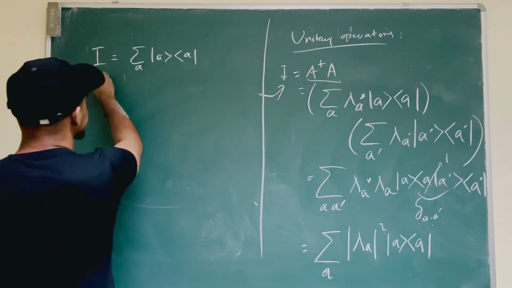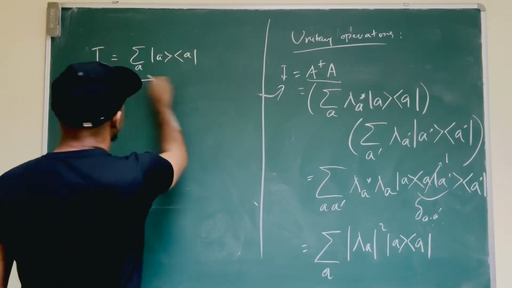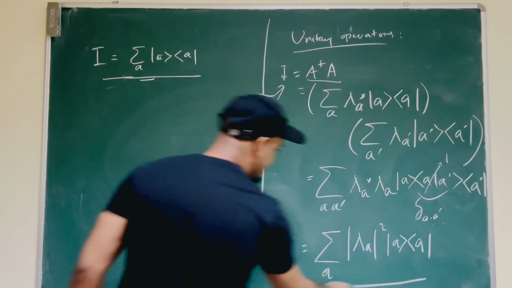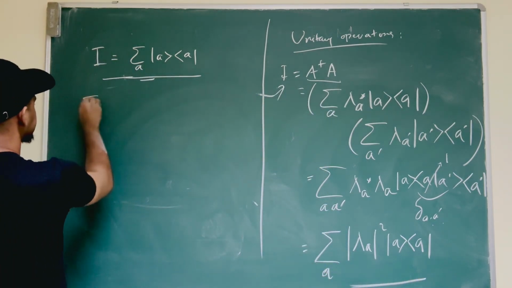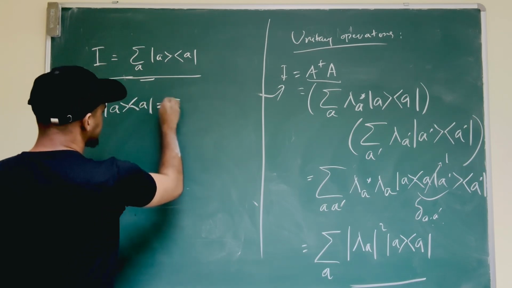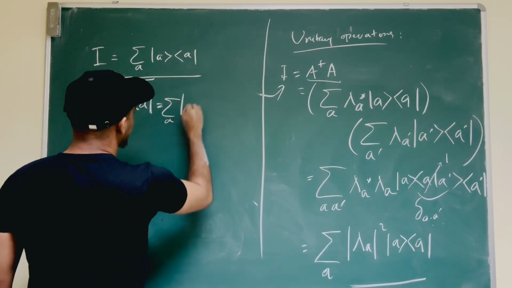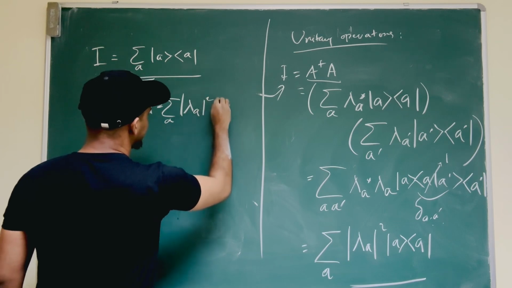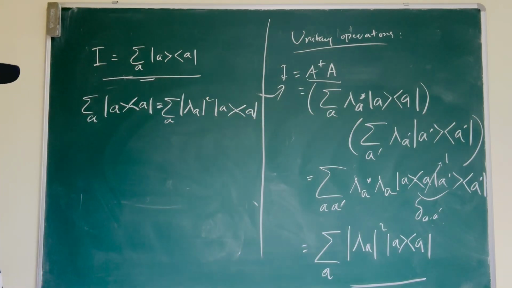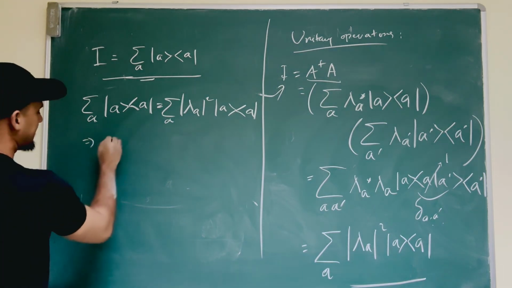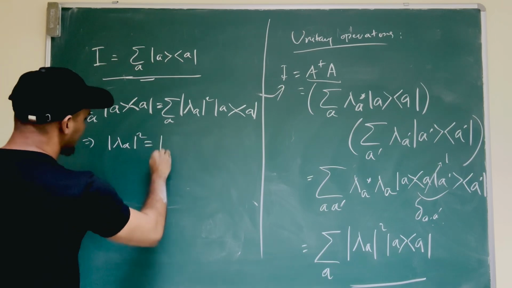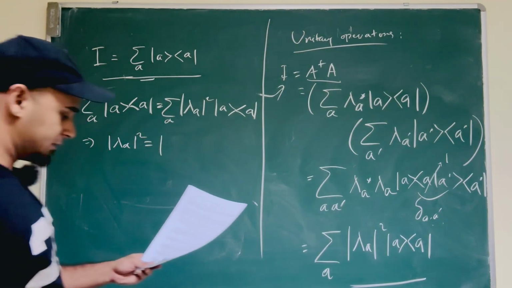Since I is equal to A dagger A, this thing will be equal to this thing. So then it means that A is equal to summation a lambda a mod square a. Again, if we see term by term, it would mean that lambda a square is equal to 1 for all a.